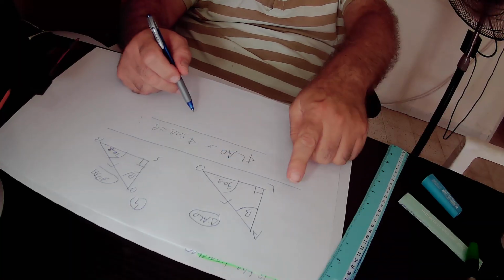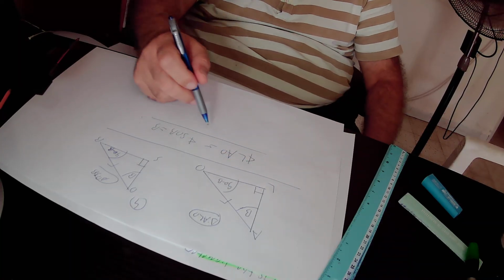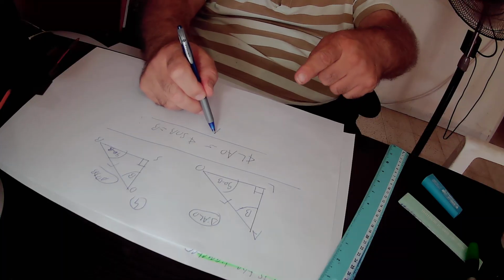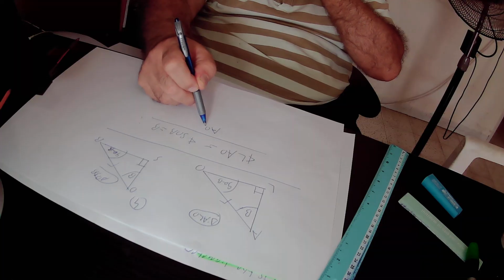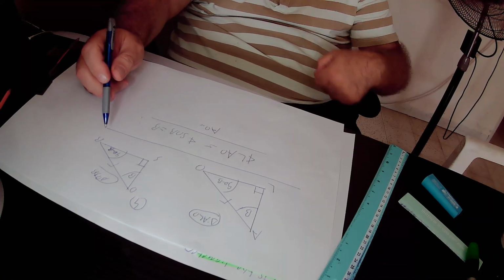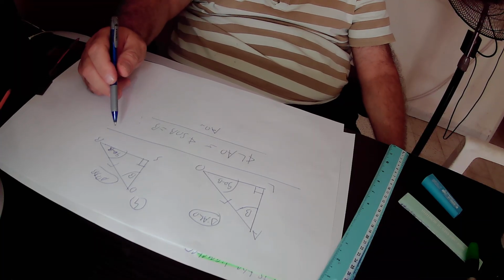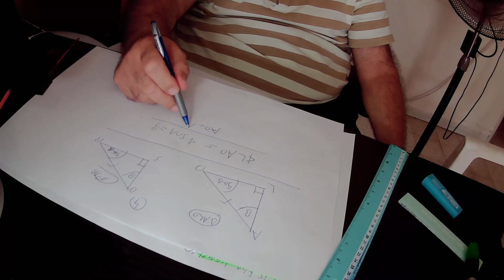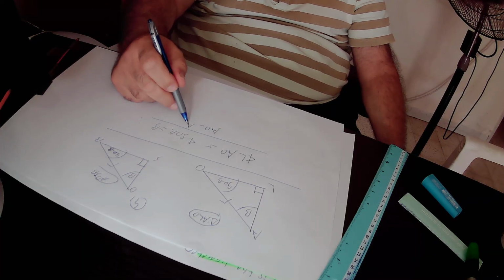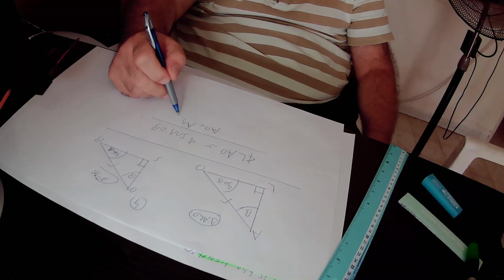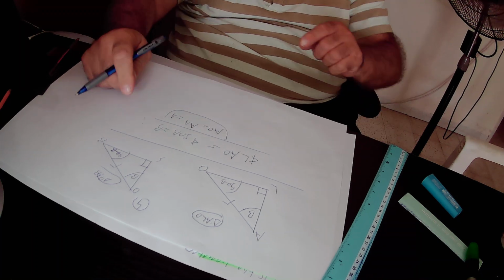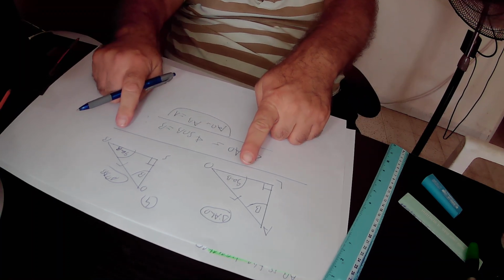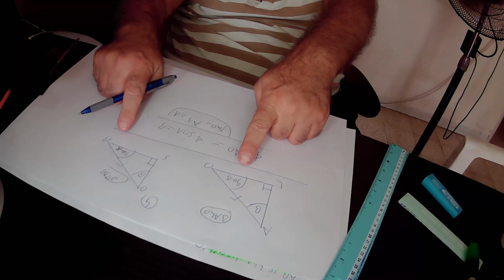In addition, side AO in the right triangle ALO is equal to side OB in the right triangle OSB, as both are radii of the circle, and therefore they are equal to each other. And finally, those two angles are both equal to 90 degrees minus beta and therefore they are equal to each other.